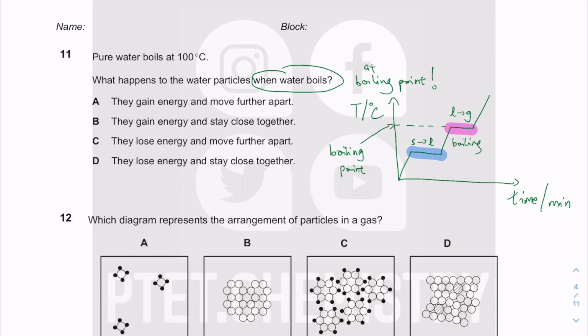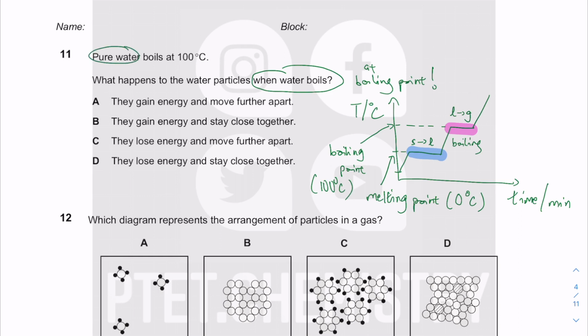Okay, so the other horizontal line refers to the melting point, and we know the melting point of water is 0 degrees Celsius, and the boiling point of water is 100 degrees Celsius, only because we're talking about pure water.